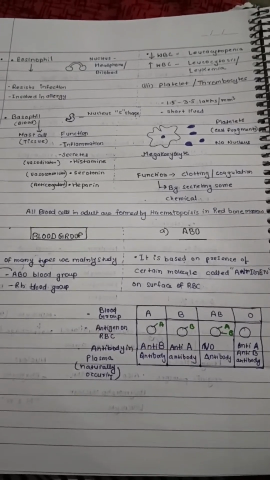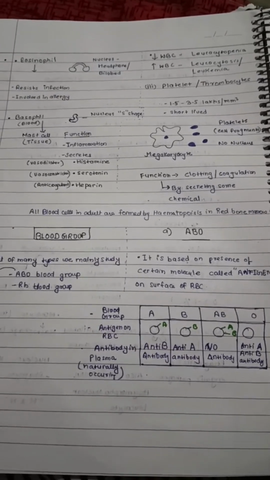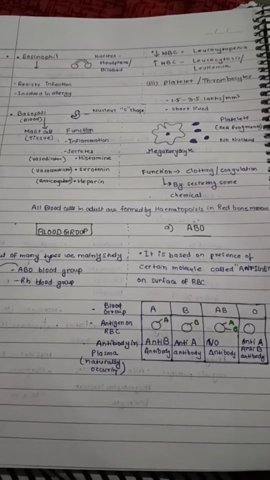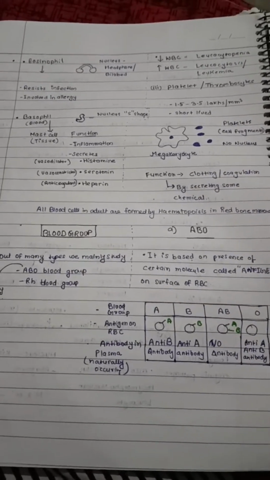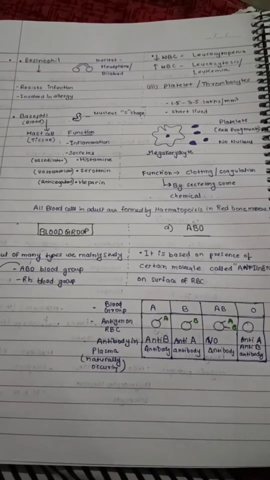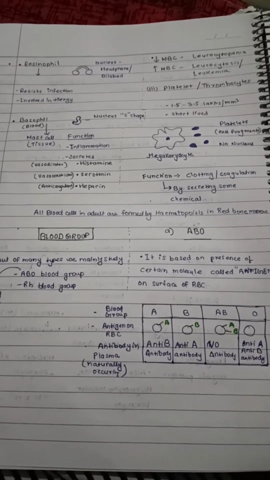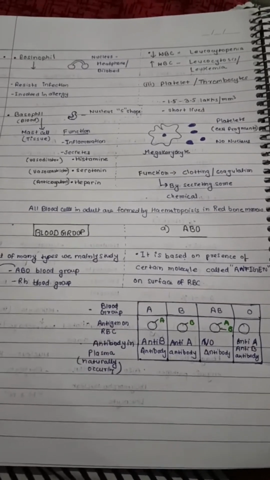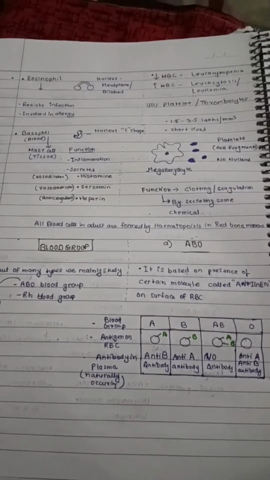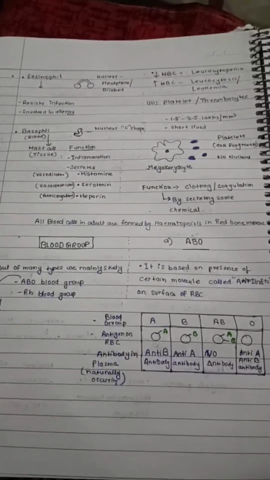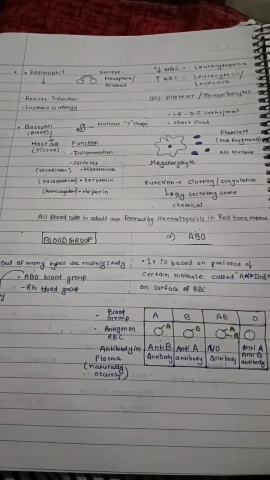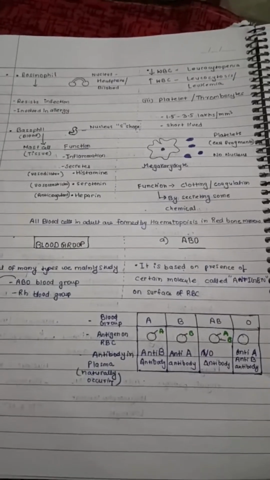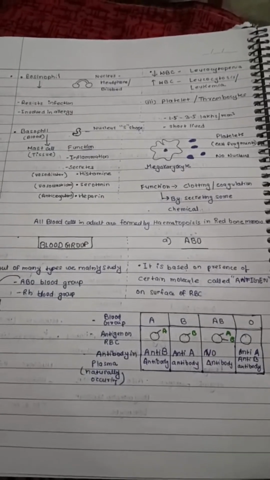So AB is known as the universal acceptor because it has no antibody, so it will not resist. And O is a universal donor because it has no antigen, so it can give its blood to anyone.